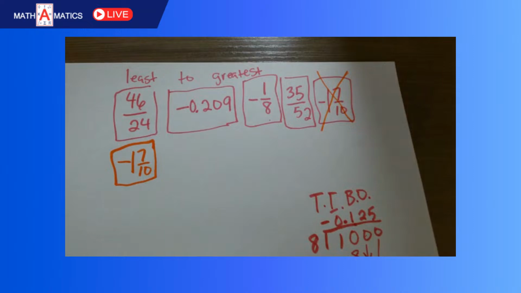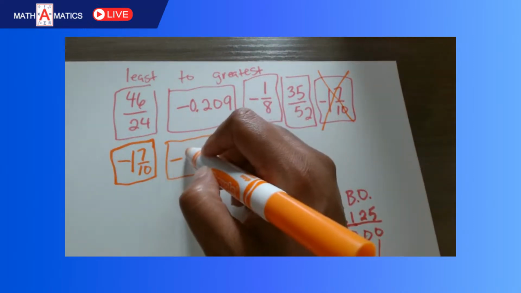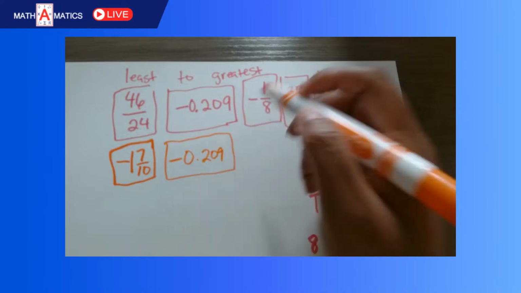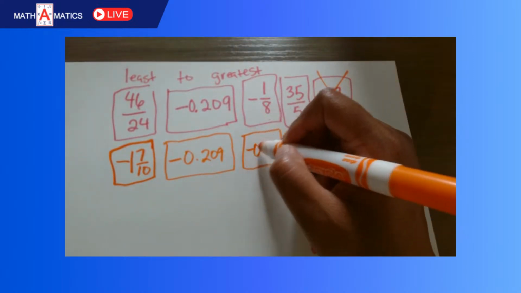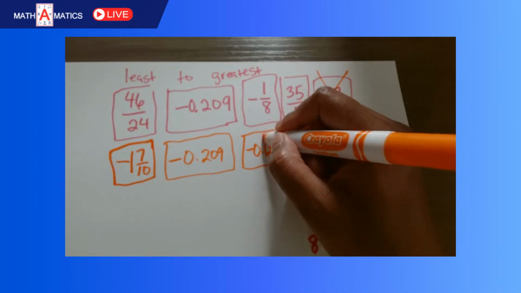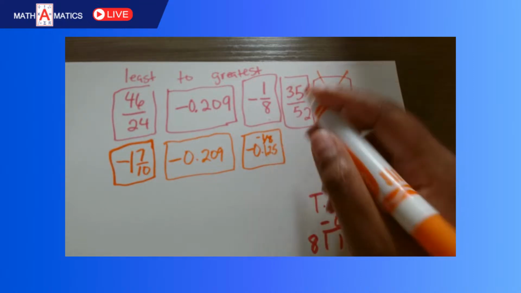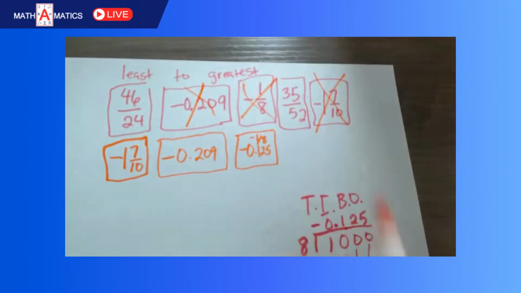So our next number in our order here would be the negative 0.209, and then it would be our negative 0.125, or negative 1/8, however you want to say it. So we've crossed out both of those.